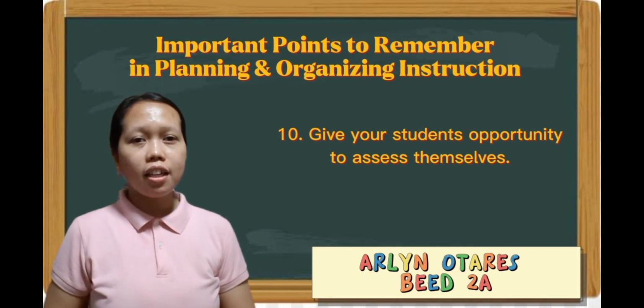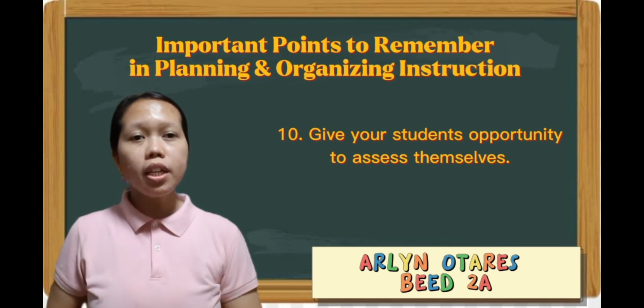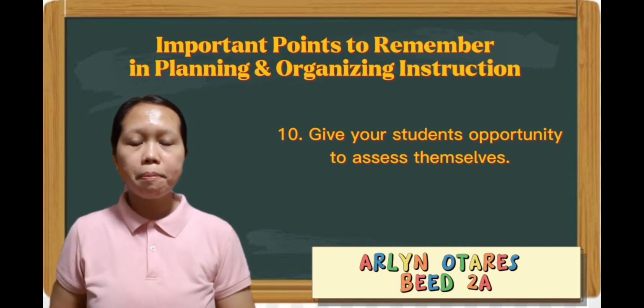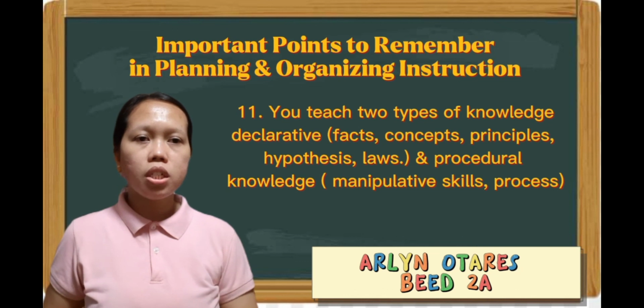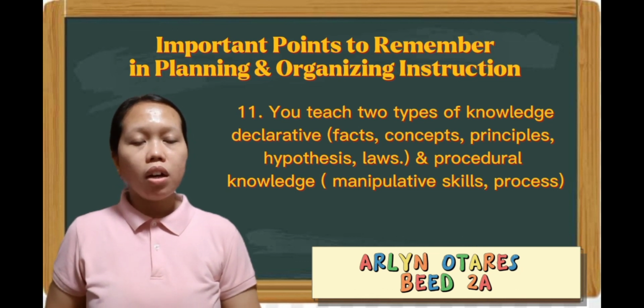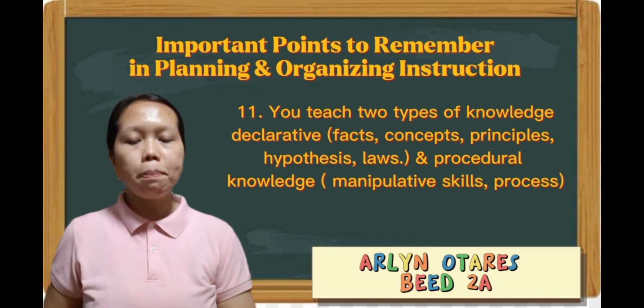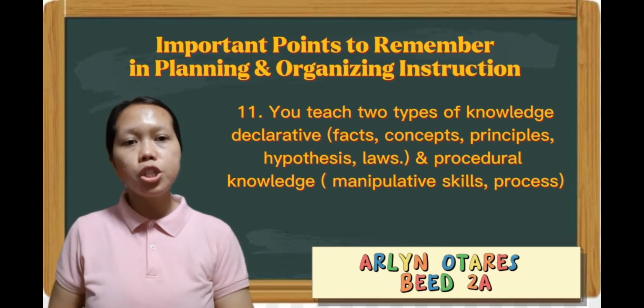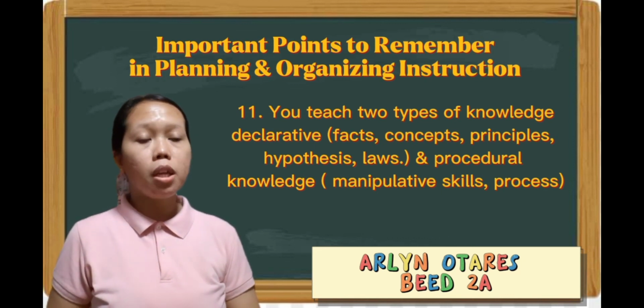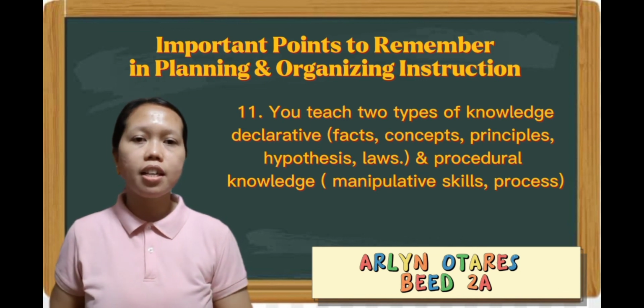Number 10, give your students the opportunity to assess themselves. Number 11, you teach two types of knowledge. Declarative, these are facts, concepts, principles, hypotheses, and laws. And procedural knowledge, these are manipulative skills and processes.